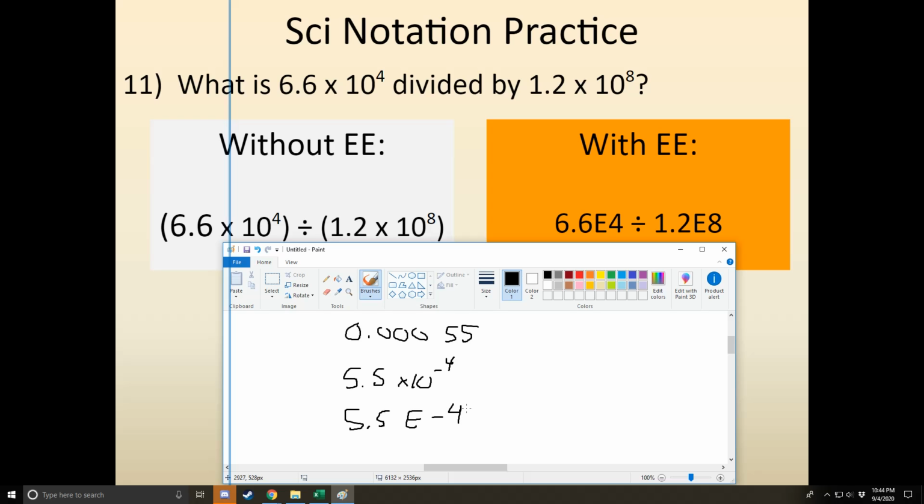One thing that I would recommend is try doing questions 10 and 11 without parentheses and without using the EE function or fraction form, whatever you did if you ended up getting this answer, and see if you would still get the same answer. What you should note is that question 10 will end up being the same, but 11 is where you would end up getting the wrong answer.